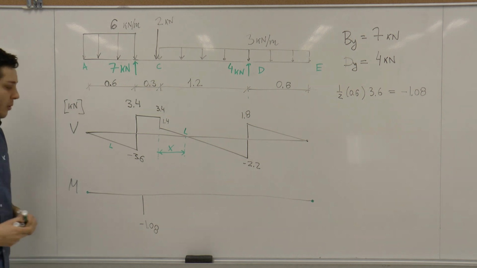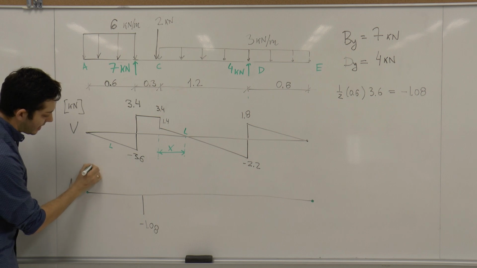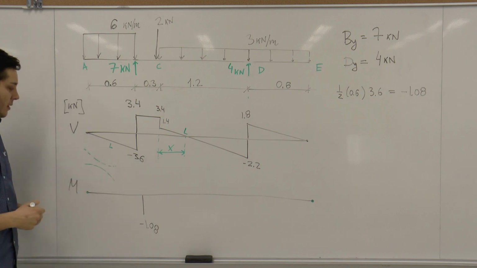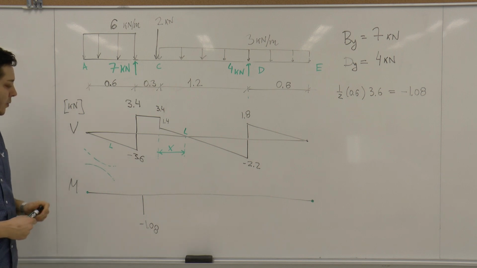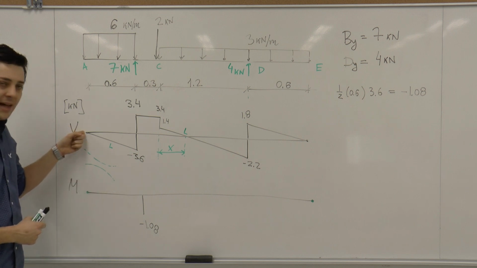Now we know this is a parabolic function, but we don't know if to show it like in this kind of slope or this kind of slope. How can we decide it? We know that the slope of the moment diagram is the shear value.